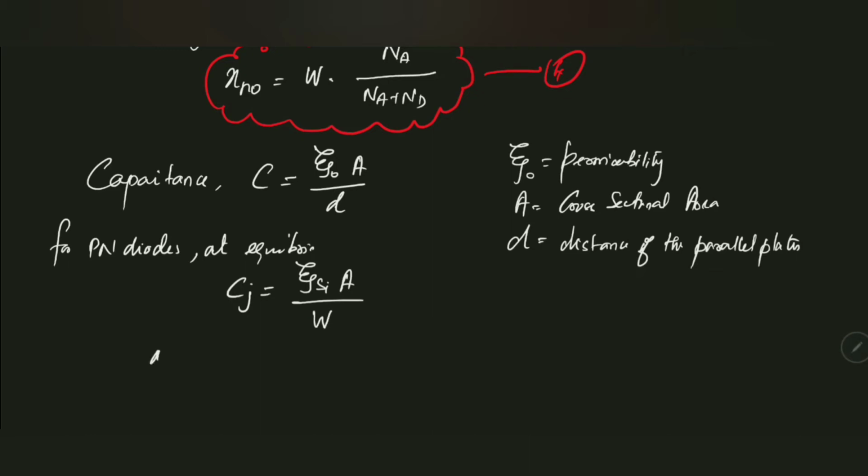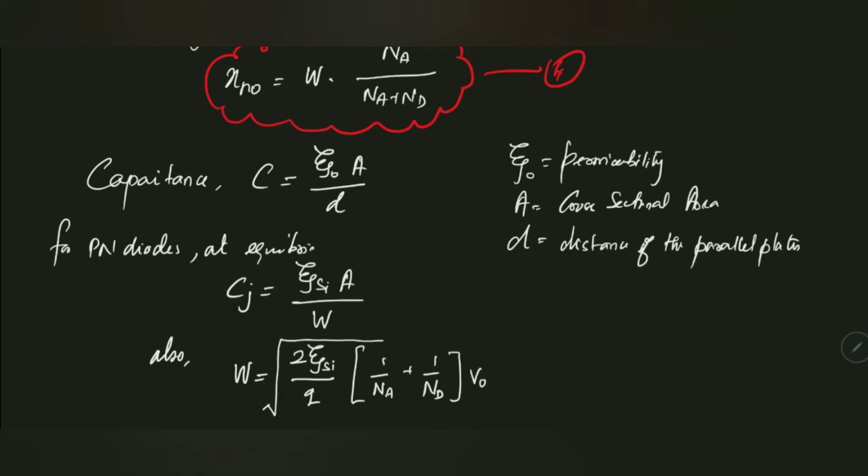Also, this W expression for the p-n junction diode can be given as the root of 2 epsilon Si by q into (1 by Na plus 1 by Nd) into V naught.